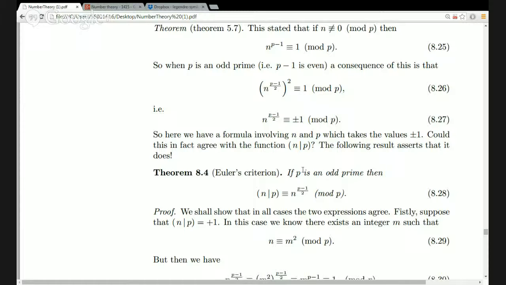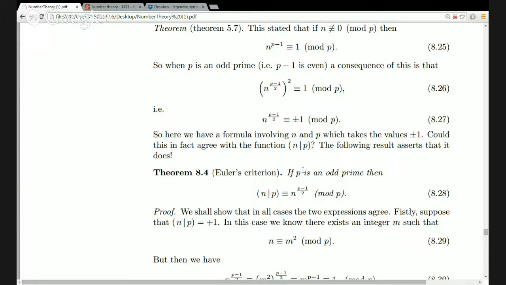If you just start looking at the odd numbers, 3, 5, 7, 9, 11, 13, 15, 17, what's p minus 1 over 2? For 3 it's 1, for 5 it's 2, for 7 it's 3. You're starting to spot a pattern here. For 9 it's 4, for 11 it's 5, and so on.